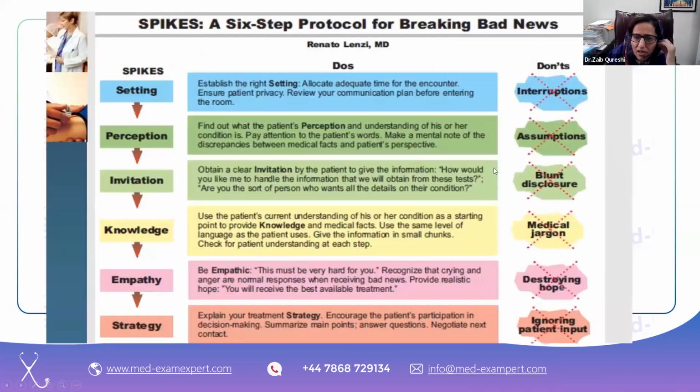First of all, before breaking bad news, we take the SPIKES protocol. SPIKES means the first S is going to be the setting. Setting means that, for example, if it is written in front of you that you are covering a busy labor ward, and one of the family members, or you are covering a busy ER, and you have been called to talk to the relative or the patient, of course you can't give the bad news in a very busy setting.